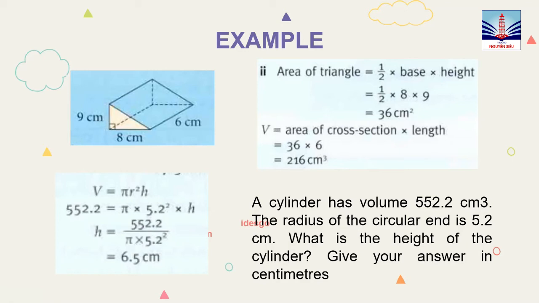A cylinder has volume 552.2 centimeters cubed. The radius of the circular end is 5.2 centimeters. What is the height of the cylinder? Give your answer in centimeters.